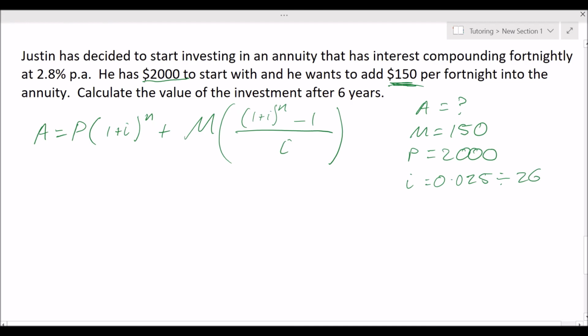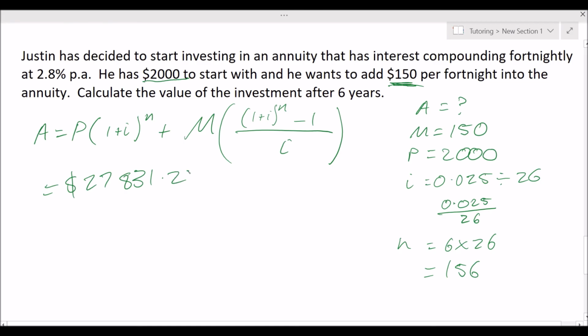Now that's going to give you another one of those weird numbers, so make sure you put it into your calculator using the fraction button. Sorry, that's a 6. Okay. And our number of compounding periods is going to be 6 years, 26 fortnights in a year. That's 156 fortnights. Okay. Put all that into your calculator and you get $27,831.22.